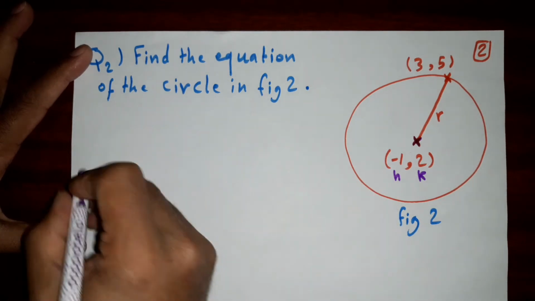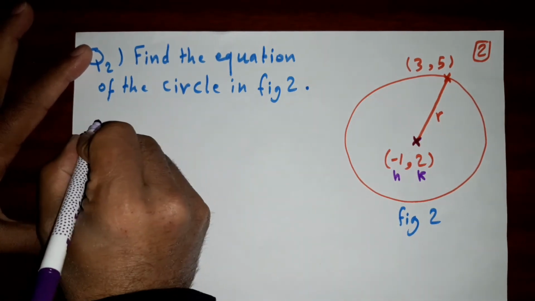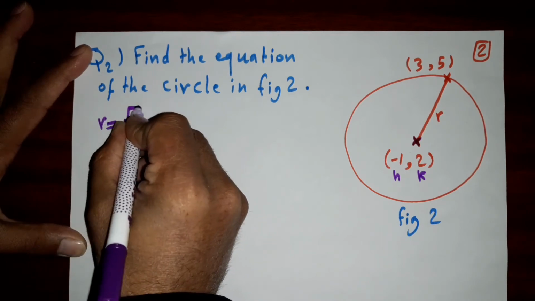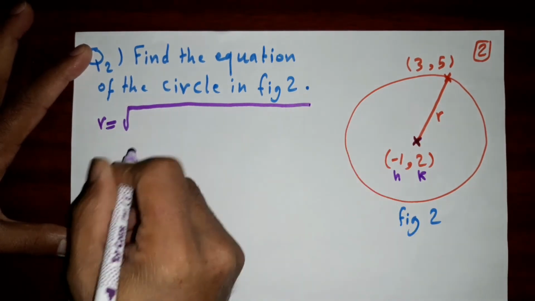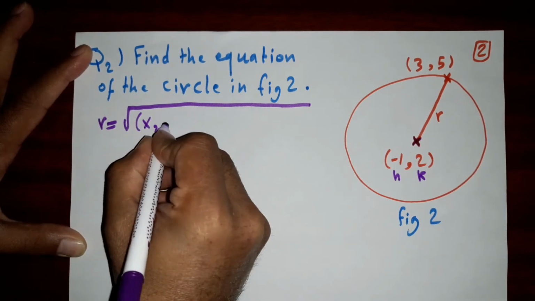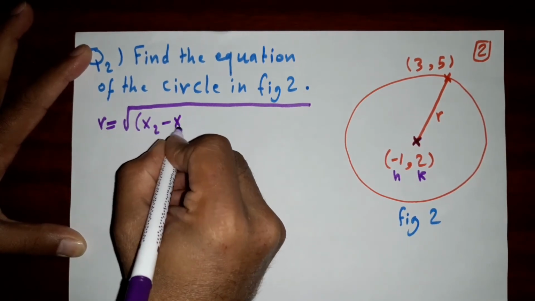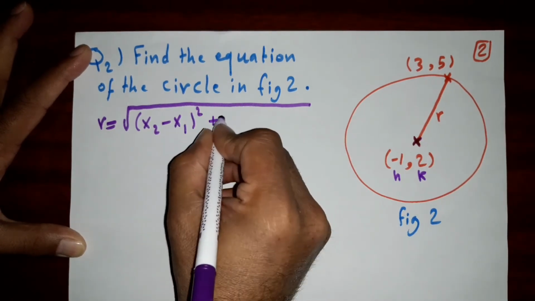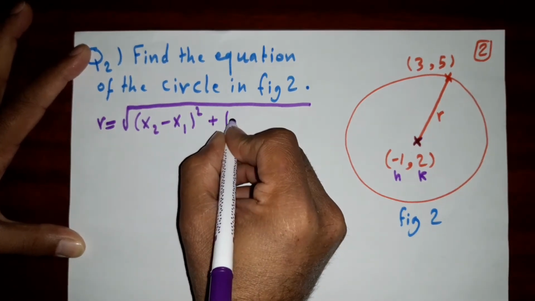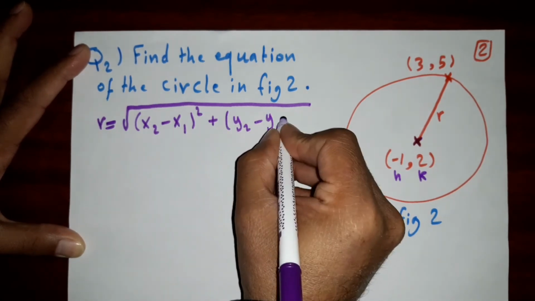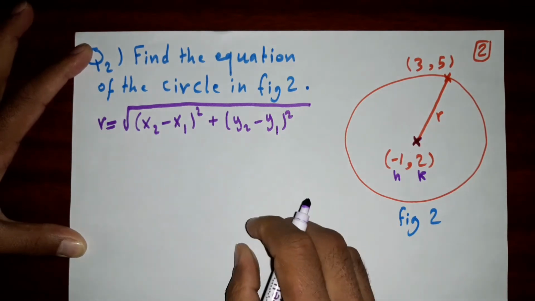What is the length formula? This is r equal under square root x2 minus x1 all squared plus y2 minus y1 all squared.